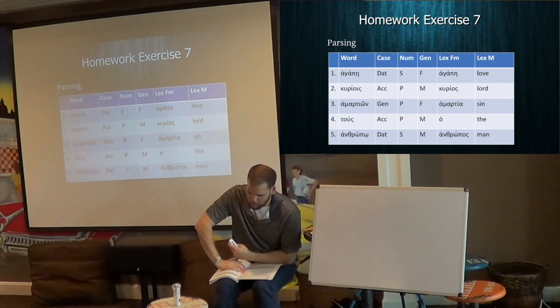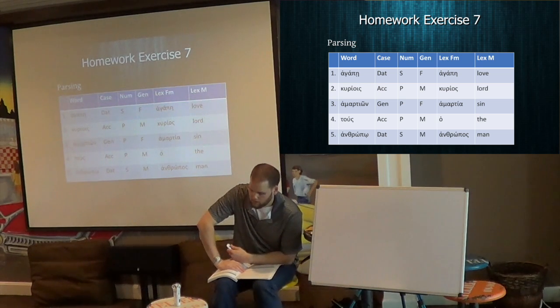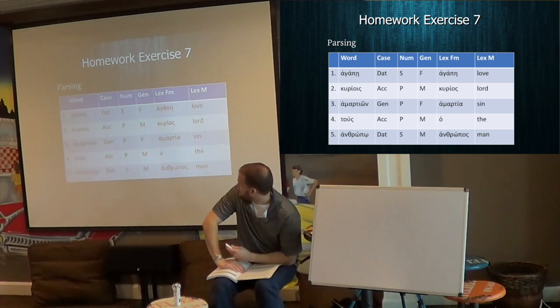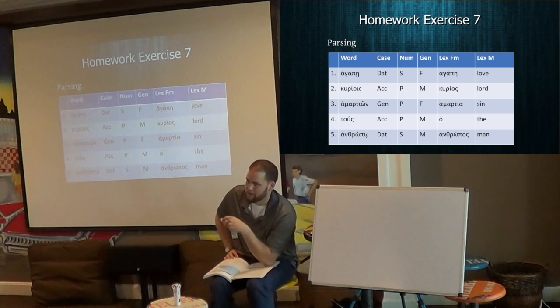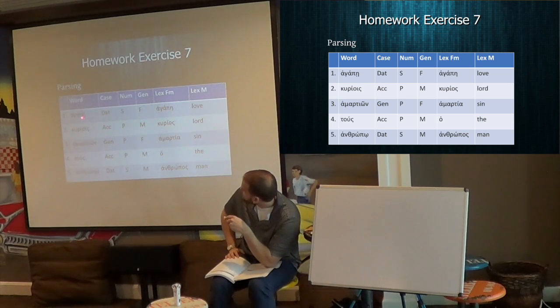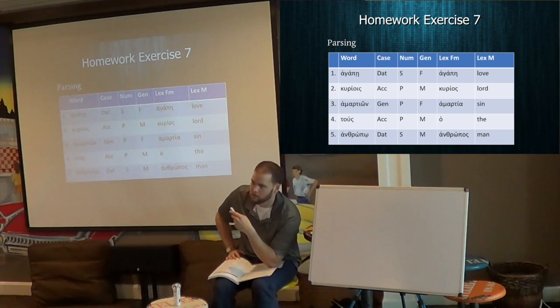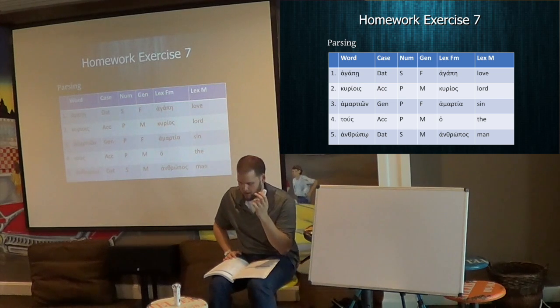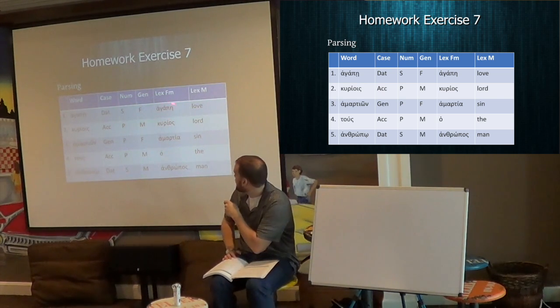Agape with the iota subscript. What is that? Nominative case, singular, feminine, and lexical form is agapos. This is love, right? Close. It's actually the dative case. The clue on that is the iota subscript. That's the only change in spelling. And the lexical form is agape.